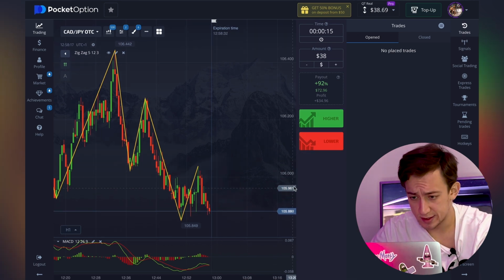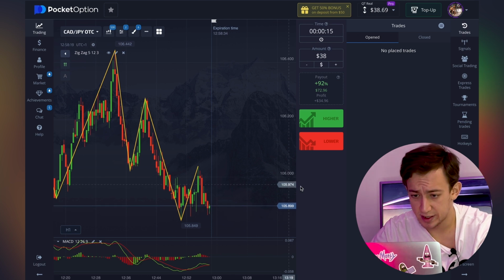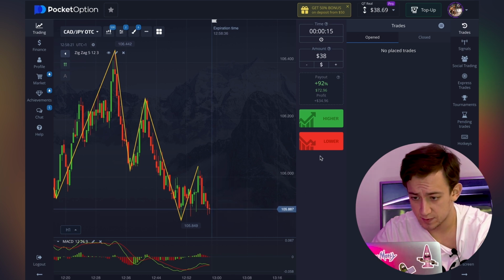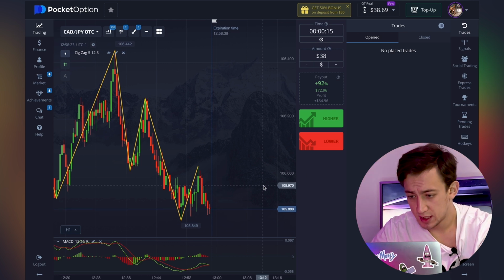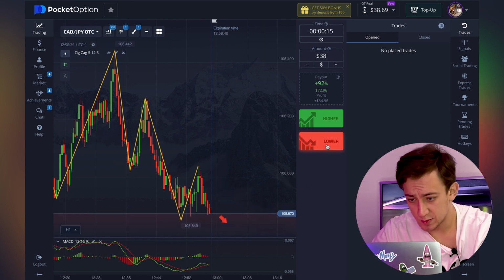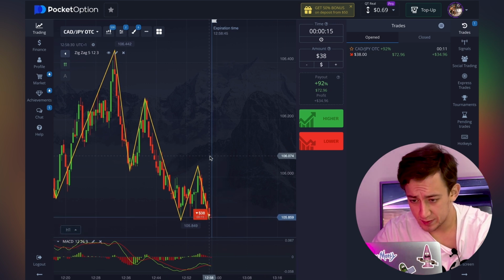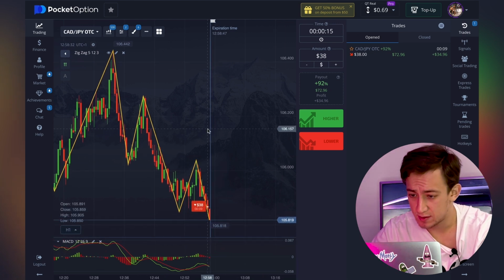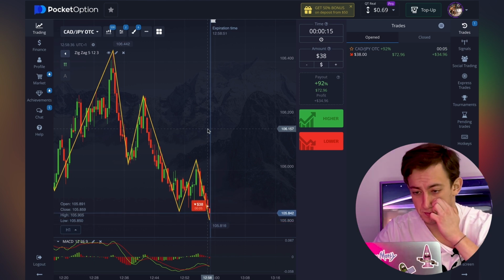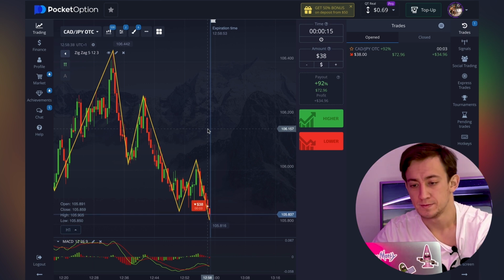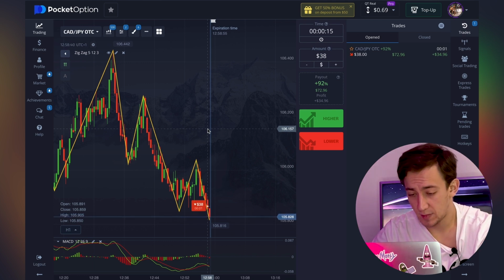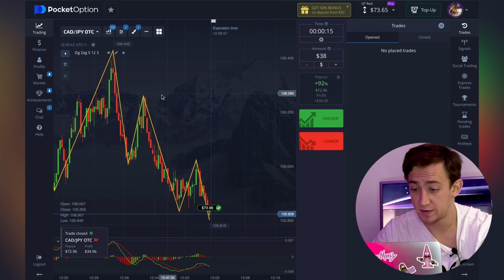Alright, we see the crossover of the two lines of the MACD indicator, which is an excellent signal for a down trade movement. The histogram also indicates that the movement is currently bearish. Without wasting any time, we enter a position down with our entry deposit and wait for profit. Profit received. It is so perfect, guys.